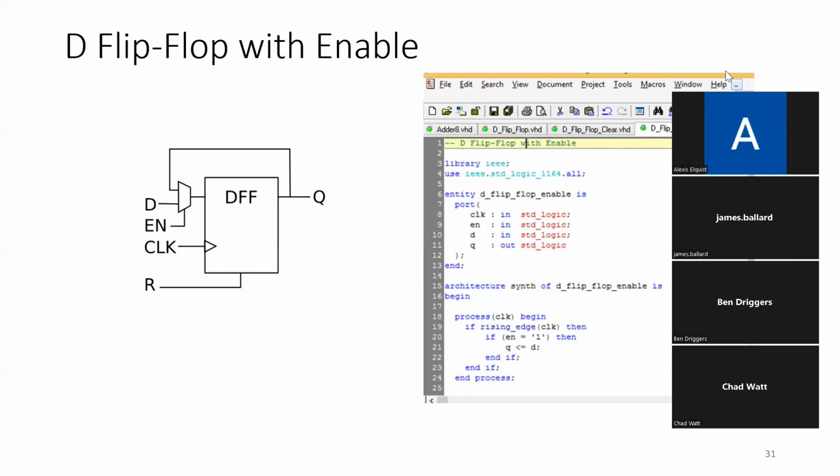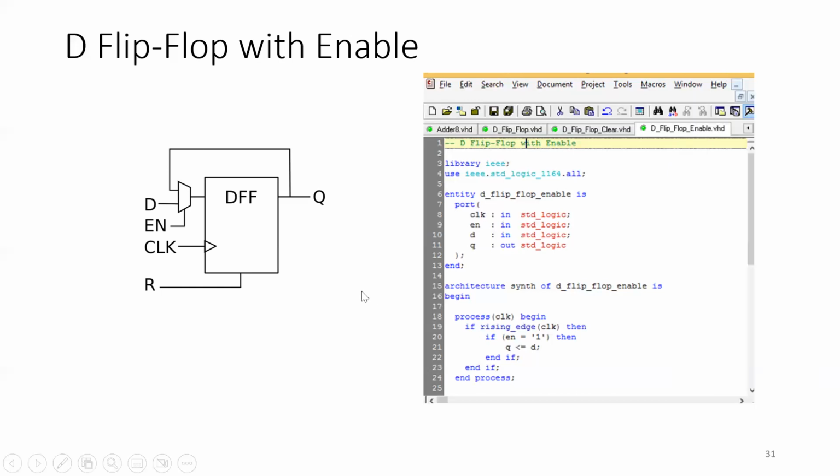Chad? Hello, Chad? Yes, sir. If enable is 0, will I get at this point, which will be reflected over here to Q? Will I get this Q or get D if enable is 0?